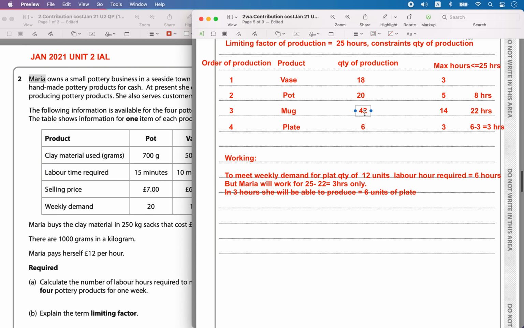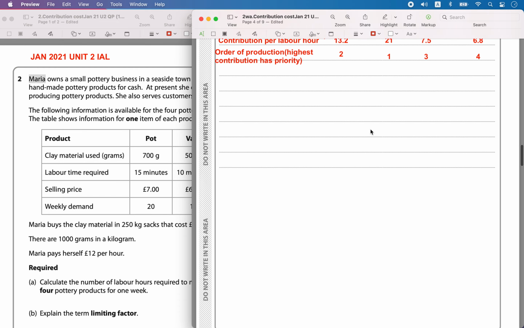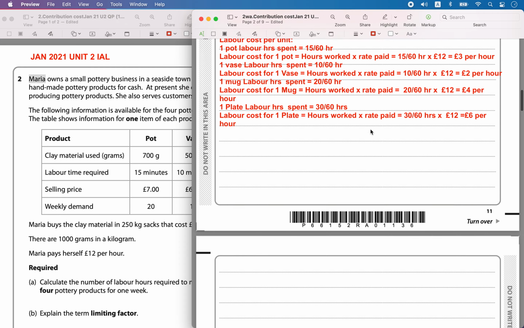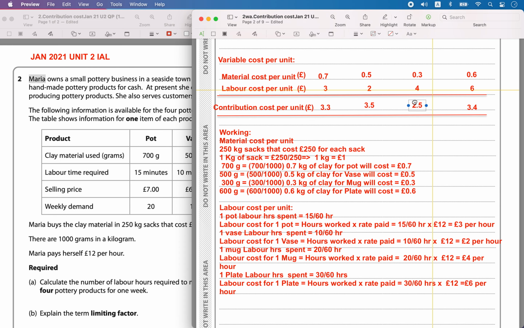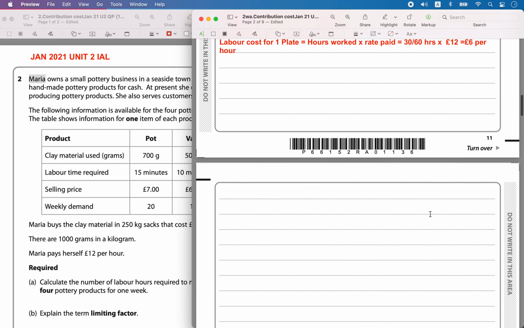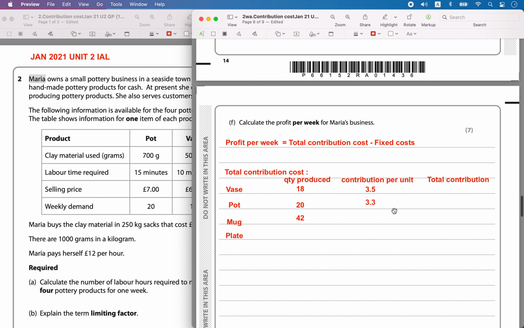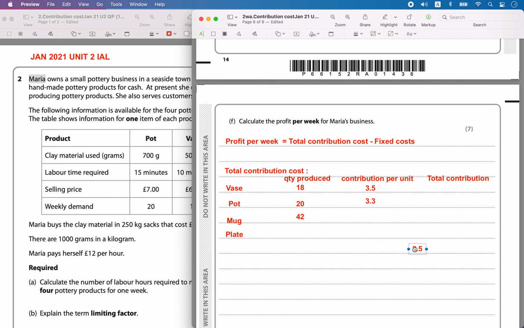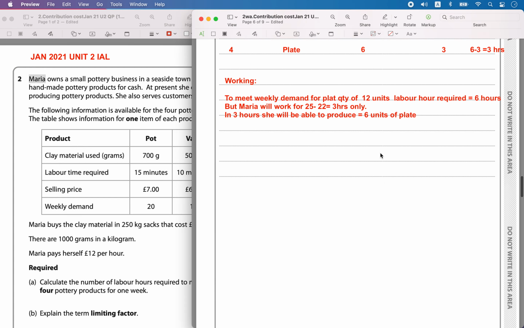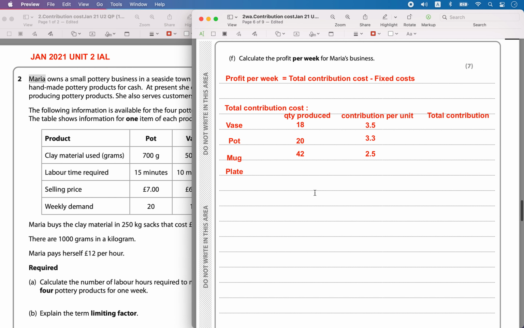For the mug we are able to produce 42 units, and the contribution per unit for the mug was 2.5. For the plate, because of the constraint, we are able to make only 6 plates and not the 12 plates.